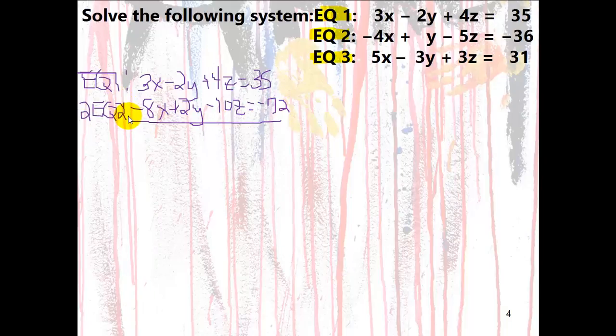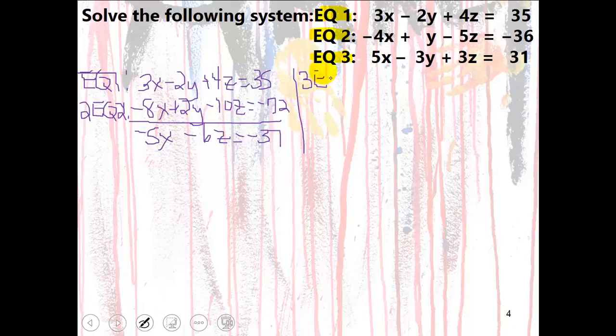And I get negative 5x minus 6z is equal to negative 37. That's one elimination. Now I'm going to take 3 times equation 2, because I want to drop out my y's again.